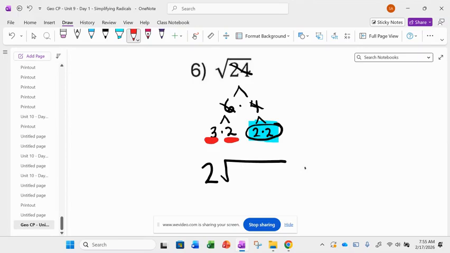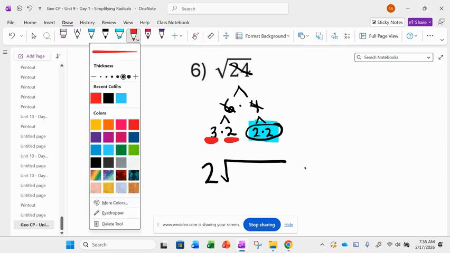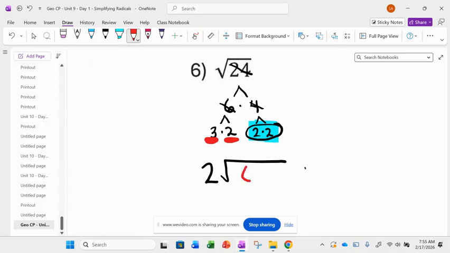You're going to multiply them. 3 times 2 is what number? 6. And that goes on the inside. So what does this tell me? 2 root 6. He said 2 root 6 times 2 root 6 is 24. That's what this is saying.